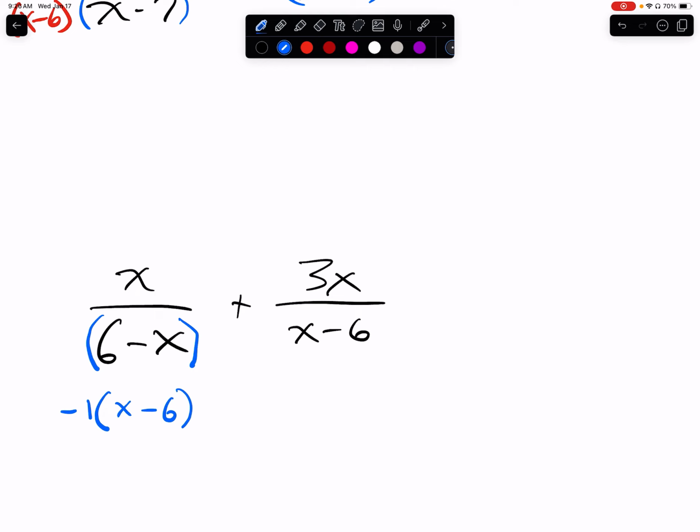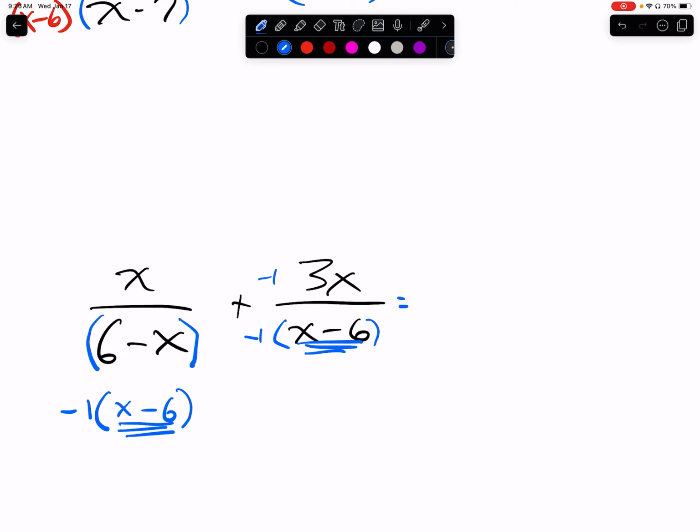Okay, so really what we need to understand here is that in order for both of these to be the same, I've got a negative 1 x minus 6 on the left. Okay, and over here, I'm just missing a negative 1. Okay, so what we need to be aware of here is if I have two binomials, which are kind of like reversed of each other, make it look like this so they're similar, and then understand that I'm going to need a negative 1 over a negative 1.